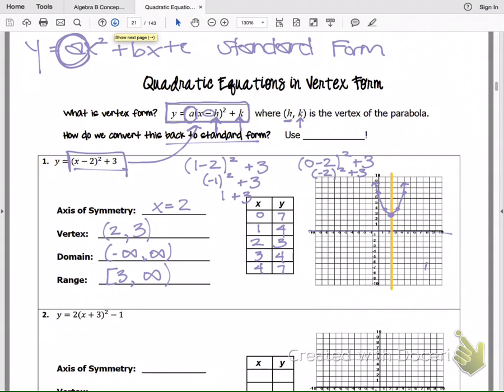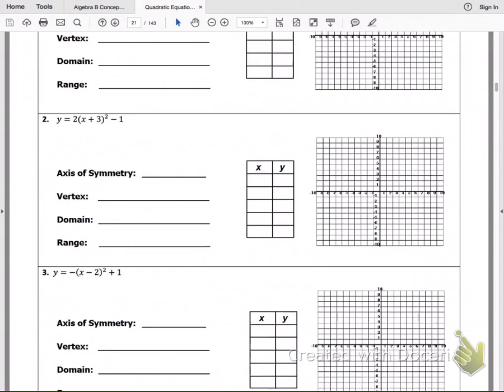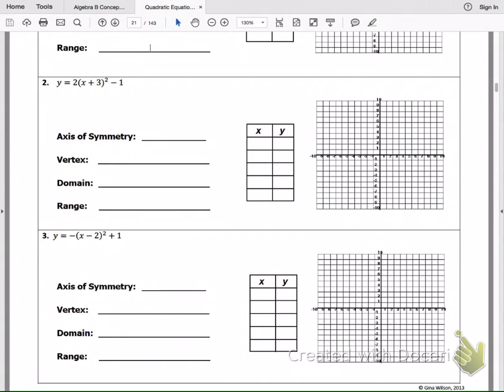Let us try that one more time. Okay? Because I want to practice finding the vertex out of the formula that you're given. So in question 2, okay, remember the vertex when we pull it out is the number in with x and the number at the end. So what number am I pulling out of the parentheses there?